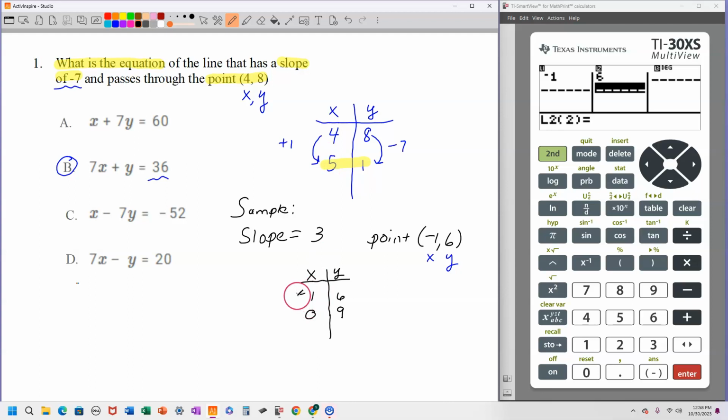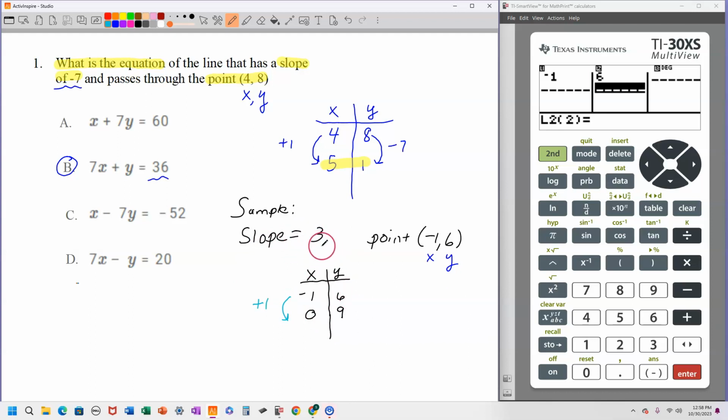The initial value here is -1. If I jump this up by 1, it becomes 0, right? Because think about it, if it's 1 below 0 and it goes up by 1 degree, it's now 0 degrees. And then now I look at my slope.